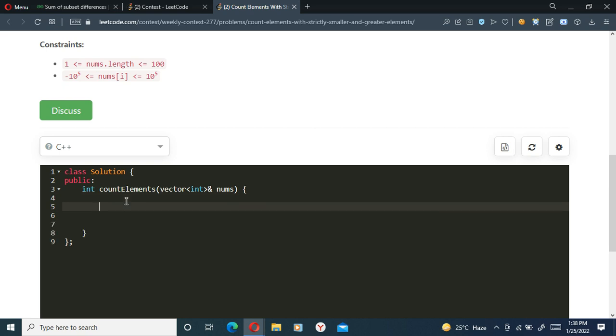Can I do just a brute force here? Int n is equal to nums.size, and I'll say i less than n, i plus plus.